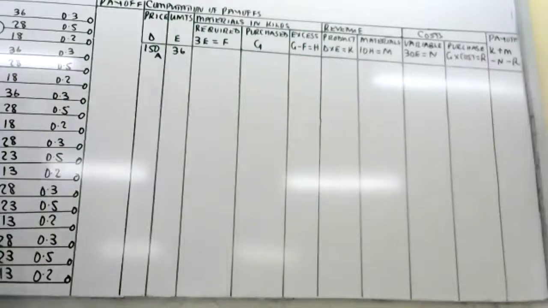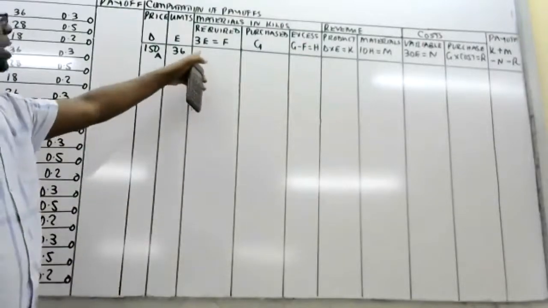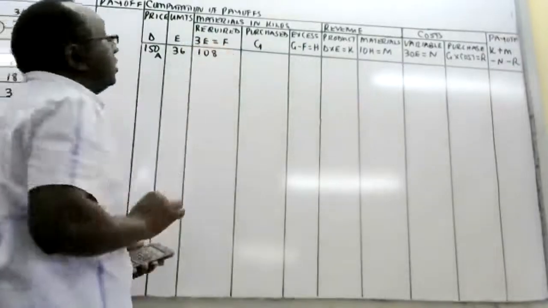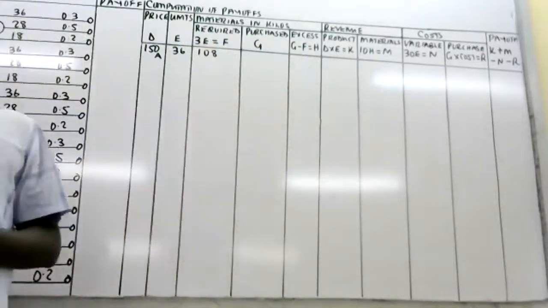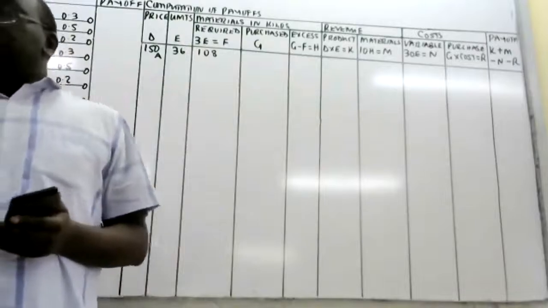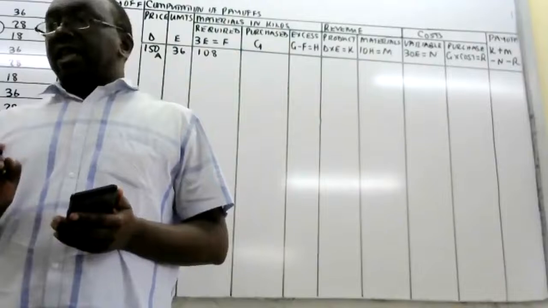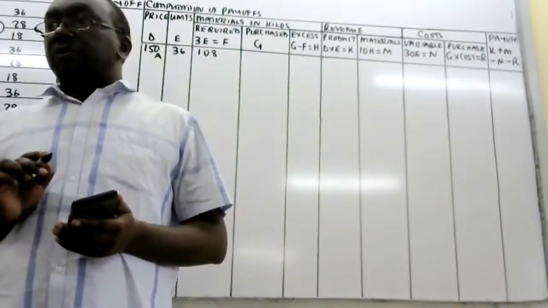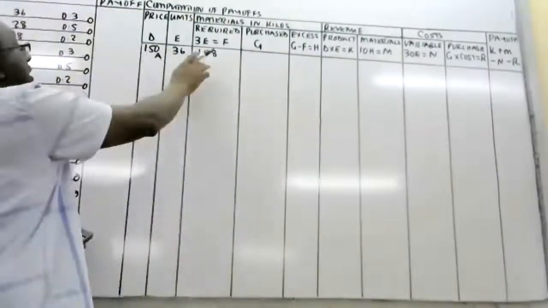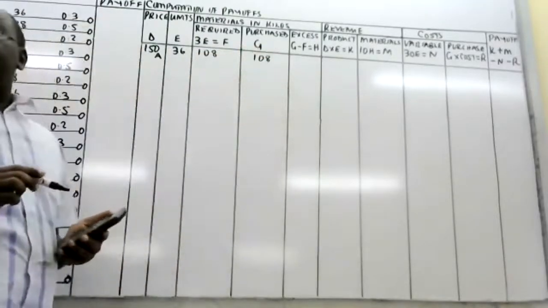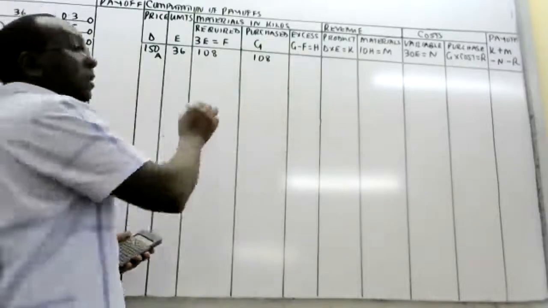Now we come here, the required. So you take that 36 times 3. You get 108. If you look at your question where we have option A, they are saying that you buy any quantity that you want. So because we want 108, we shall just buy 108, and therefore there will be no excess.